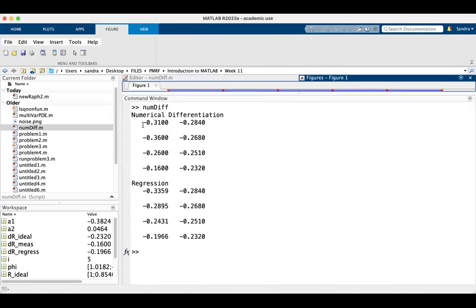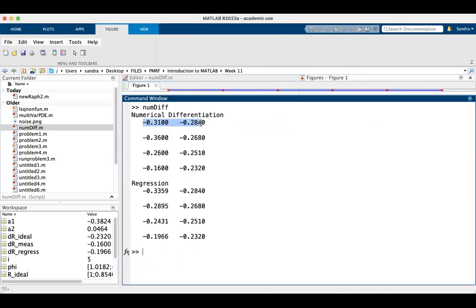With respect to numerical differentiation, you will see differences here. The first point is different, here also the first point is different, and the second point also 3600. Now, when you fit using regression, we got a close match to the actual case. Here again, you have a close match in both cases. Compared to the next 0.16, this is anyway a better guess than directly using your experimental data.